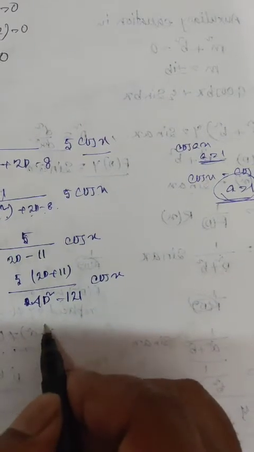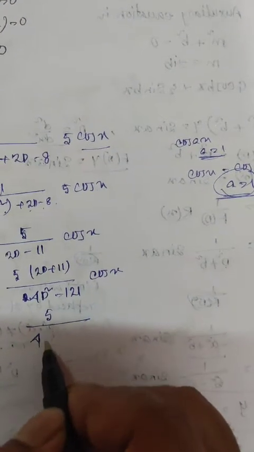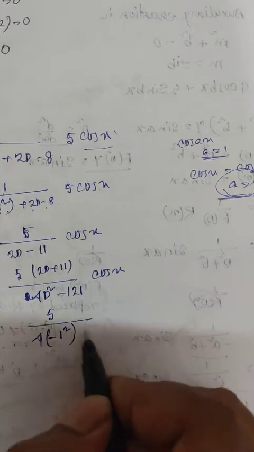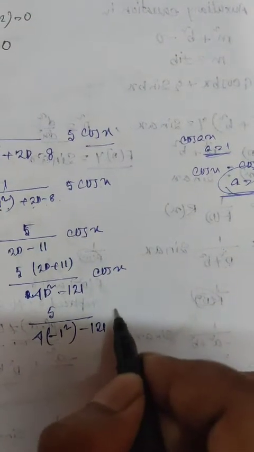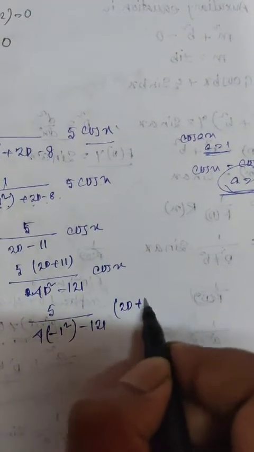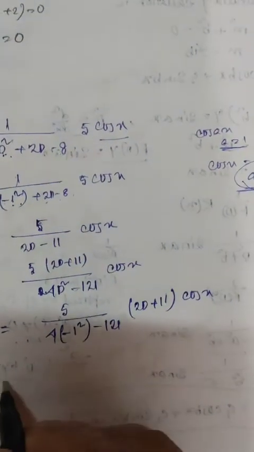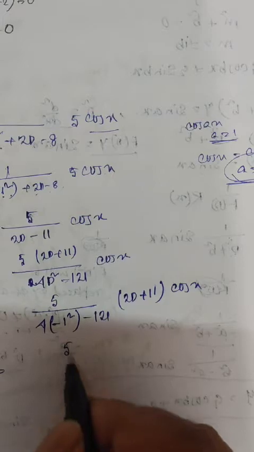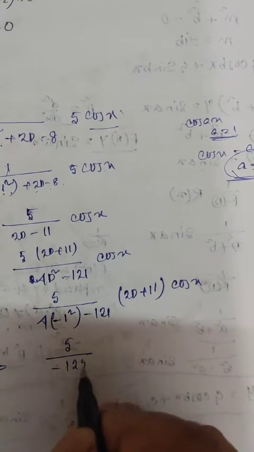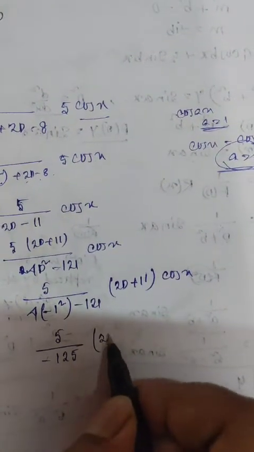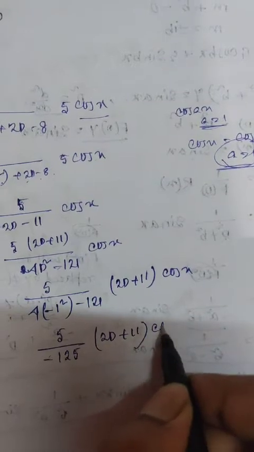So from here we get 5 by 4 into minus 1 square minus 121, times 2d plus 11 cos x. And if we solve it, we get 5 by minus 125, times 2d plus 11 cos x.